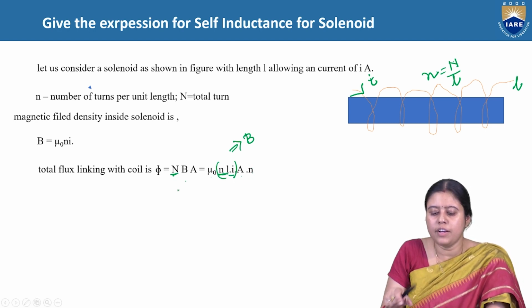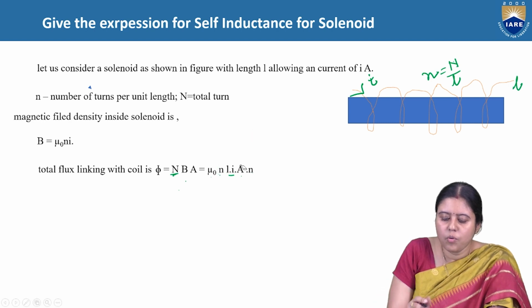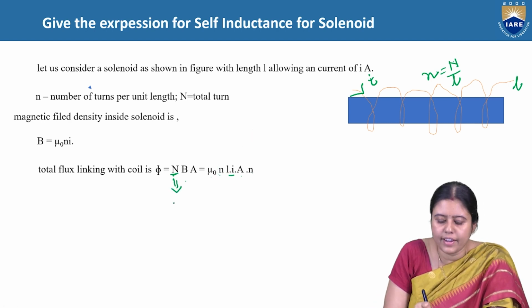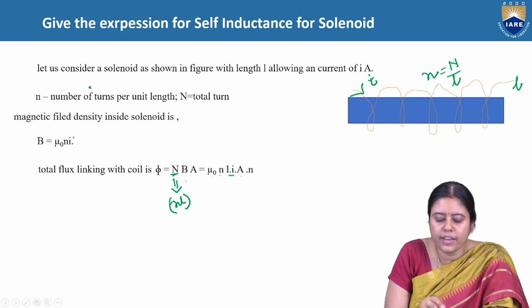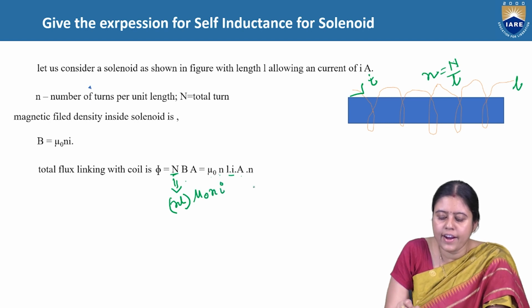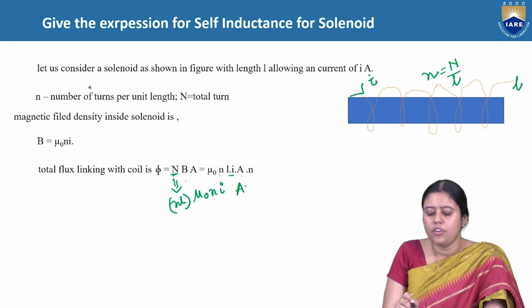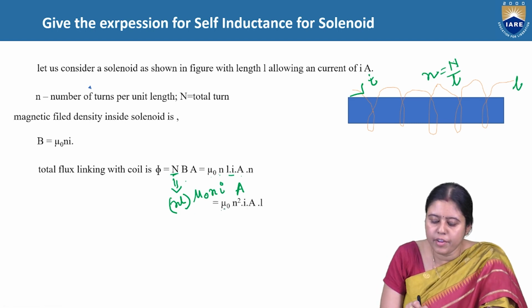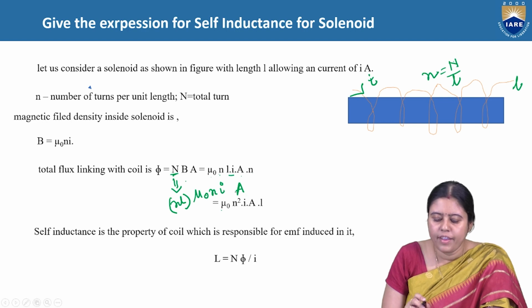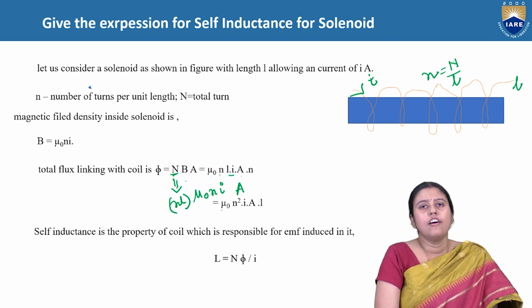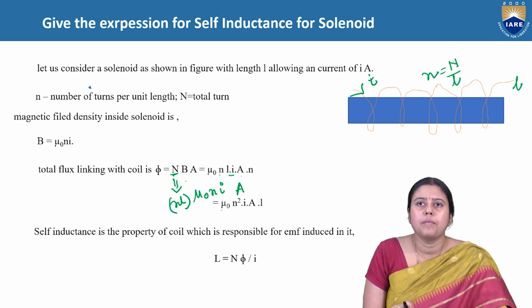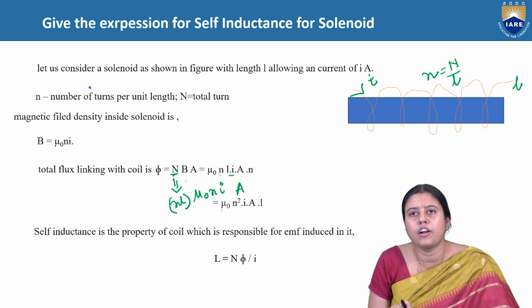So this is the formula. Capital N is nothing but n into L. B is mu naught n into I, and then we have the A. If we write this, we will get mu naught n square L into I into A. And the self-inductance, as we discussed, is N phi by I, flux by I for the total number of turns.